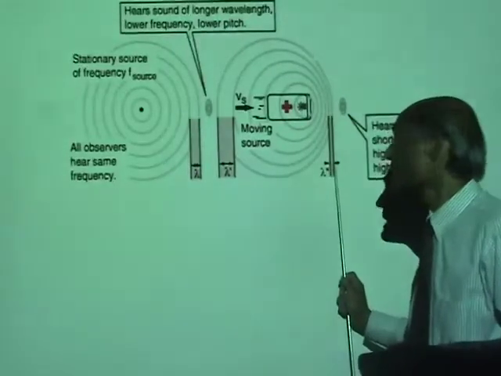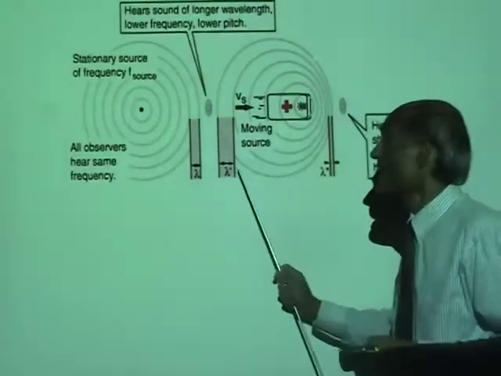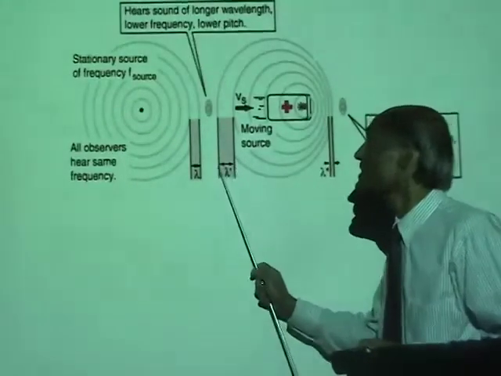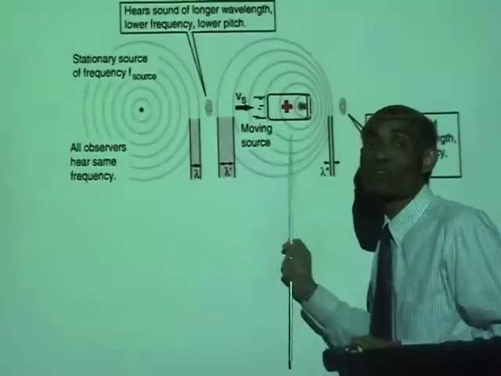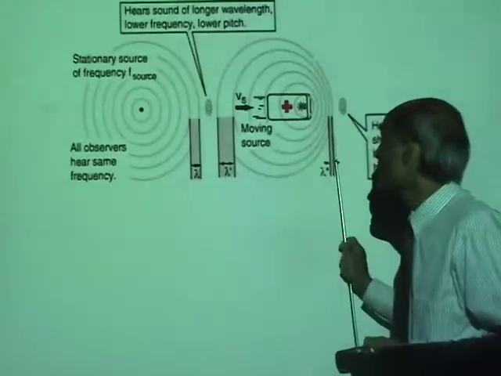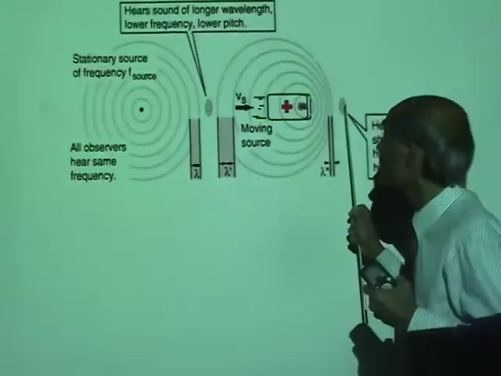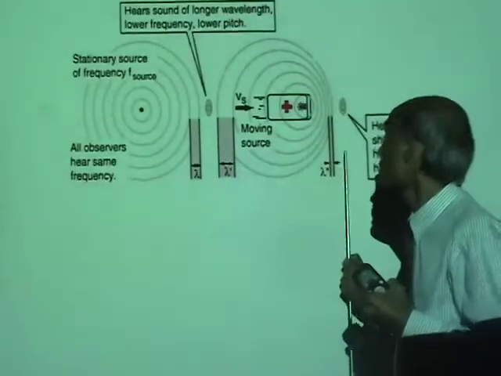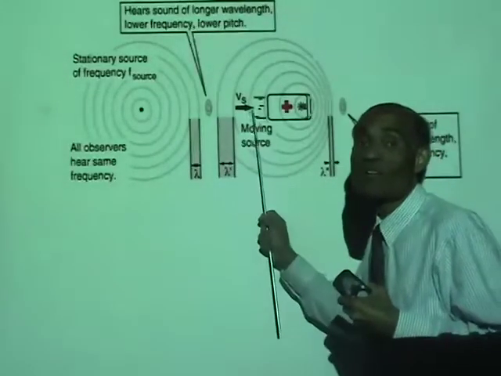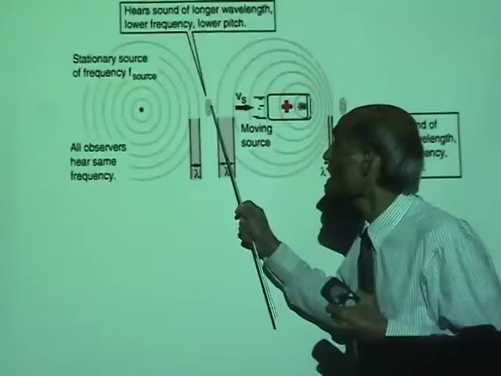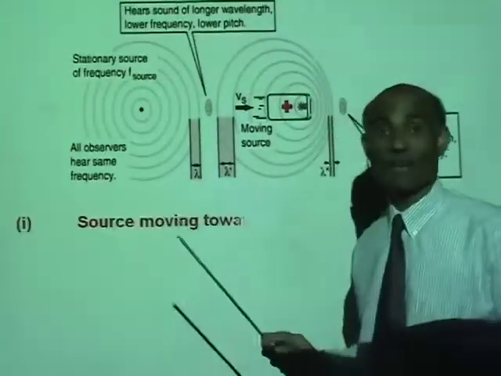This is the wavelength as is received by this listener. And this is the wavelength as is received by this listener. Now look at the difference. The wavelength as is received by the listener in front of the ambulance is very small, whereas the wavelength of the wave that is received by the listener behind the ambulance is much longer.